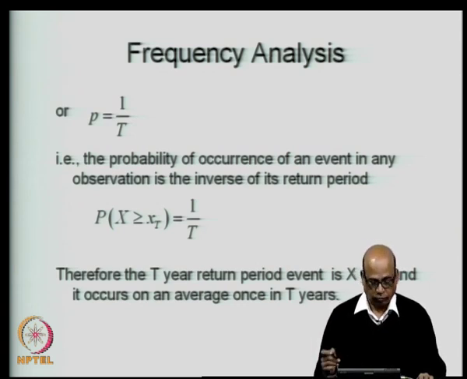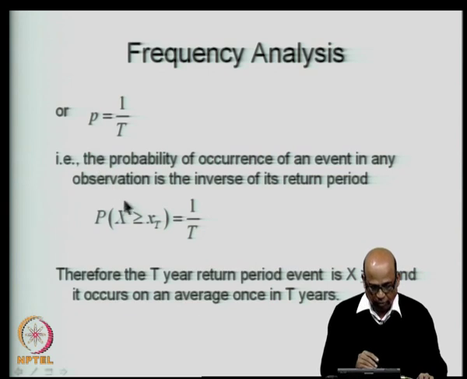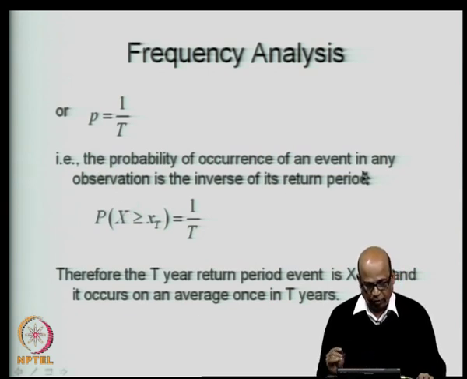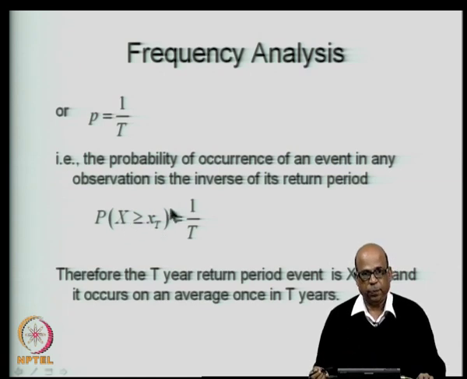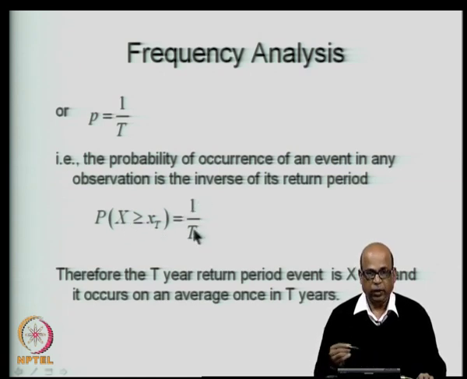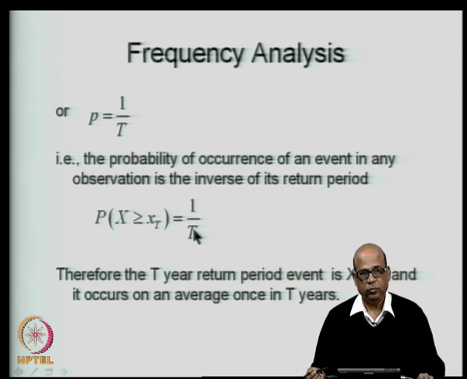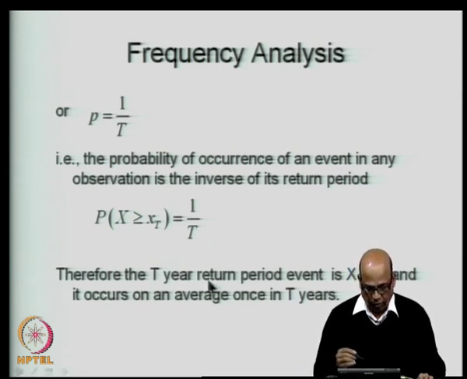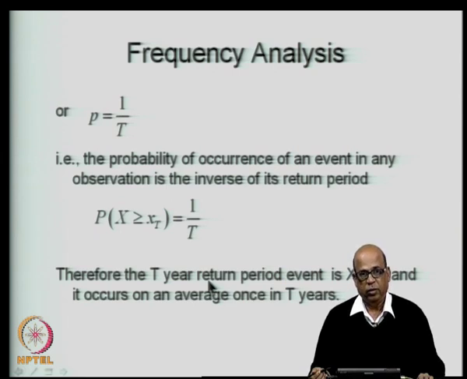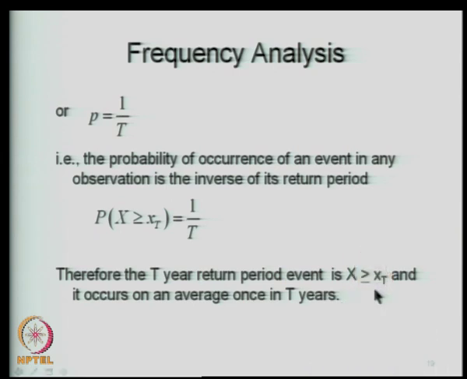We are saying the probability of occurrence of an event in any observation is the inverse of its return period, that is, the probability of x being greater than or equal to x t is equal to 1 by T. Therefore, the T year return period event is x greater than or equal to x t, and it occurs on an average once in T years.